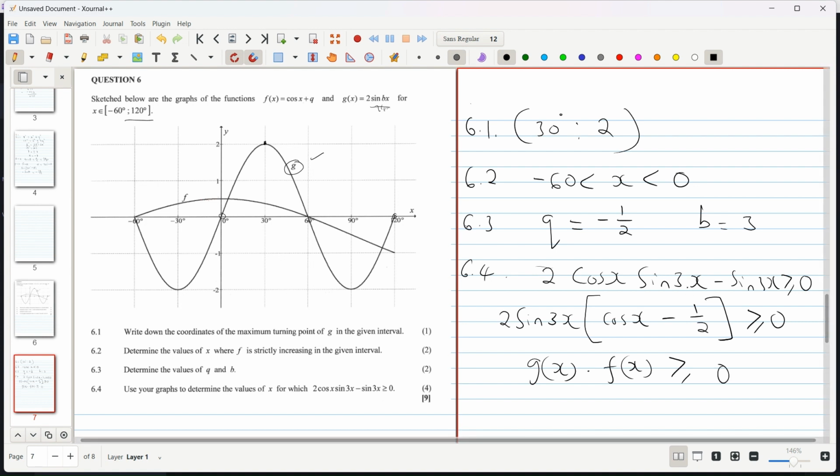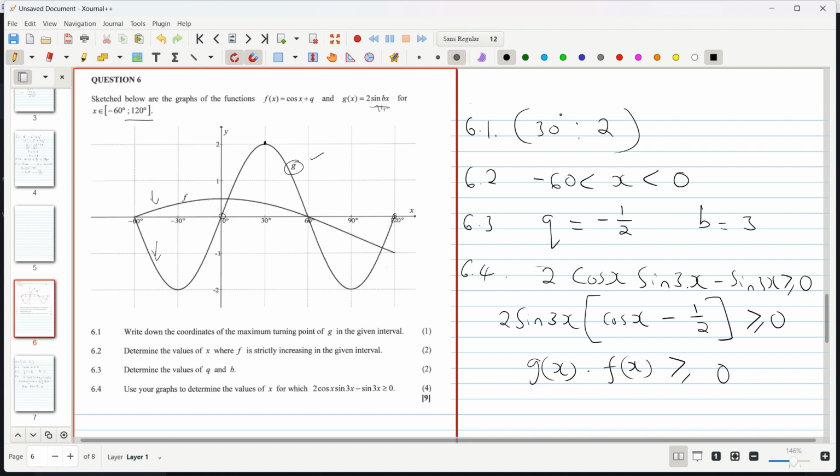So we need to check where the product of these two functions will be greater or equal to 0. So when we look here, this one is positive, this one is negative, right? So positive and negative will never give us a positive.